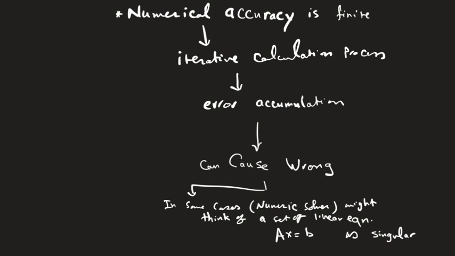So you go and test the matrix A, and MATLAB will tell you it's singular, while it's not. And that is called an ill-posed matrix.